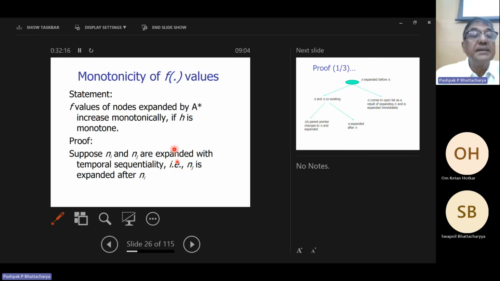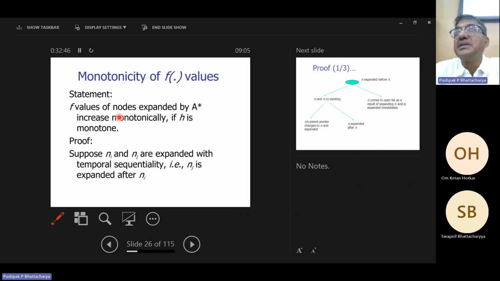Now, monotonicity of F-values. F-values of the nodes expanded by A star increase monotonically if h is monotone. So if the monotone restriction constraint is satisfied by the heuristic, then the F-values of the nodes expanded are non-decreasing. These you should also verify in the lab.